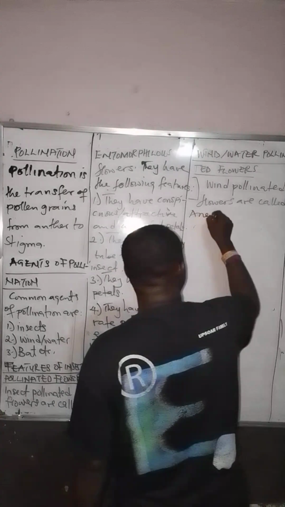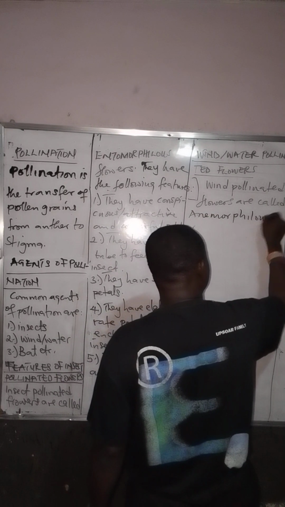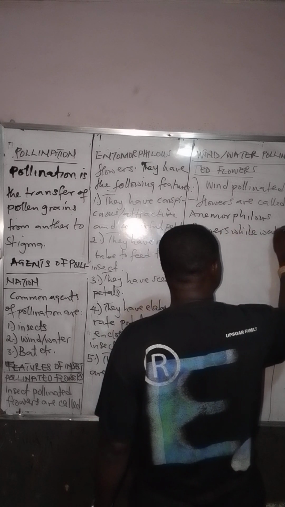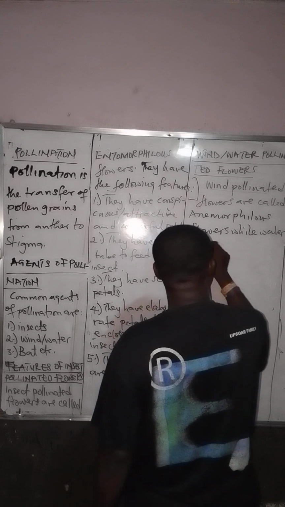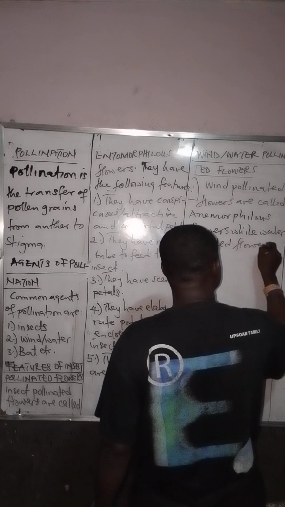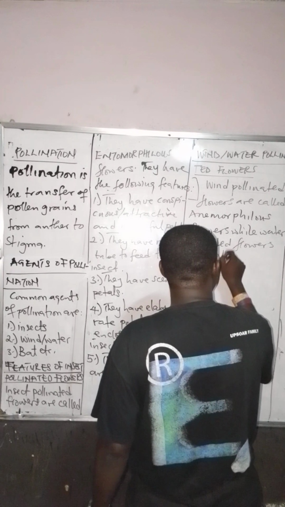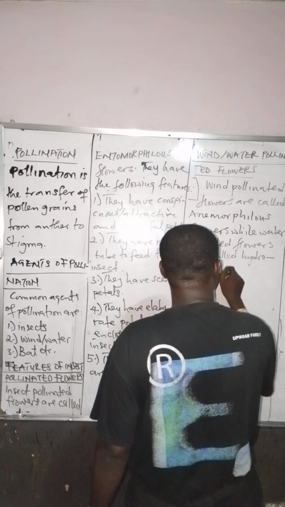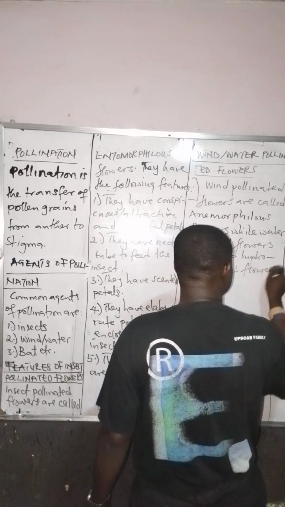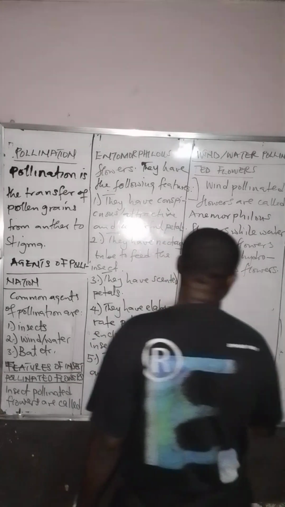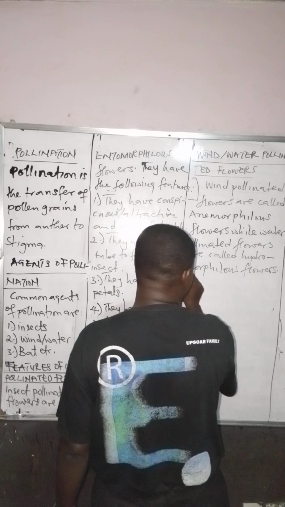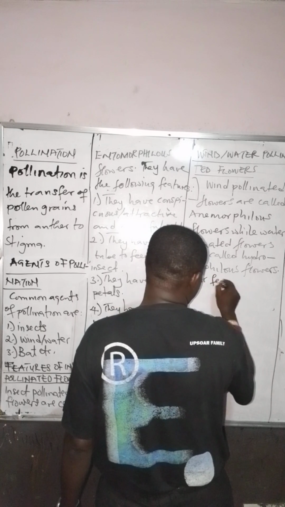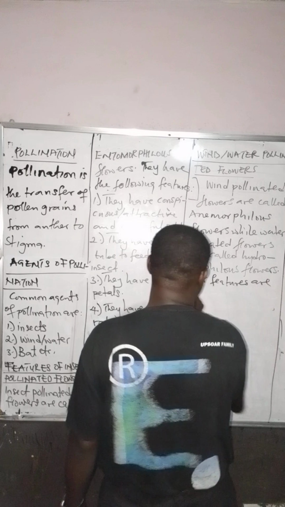They are called anemophilous flowers. While water pollinated flowers are called hydrophilous. Hydrophilous flowers. Okay? Now, their features are as follows.